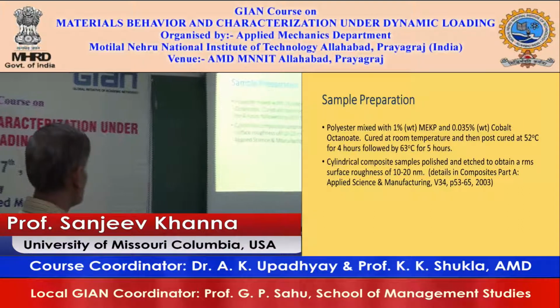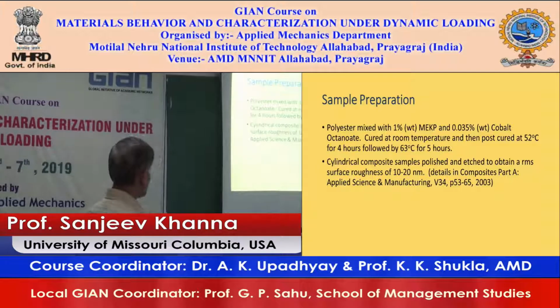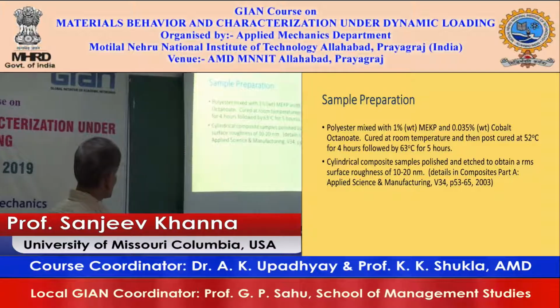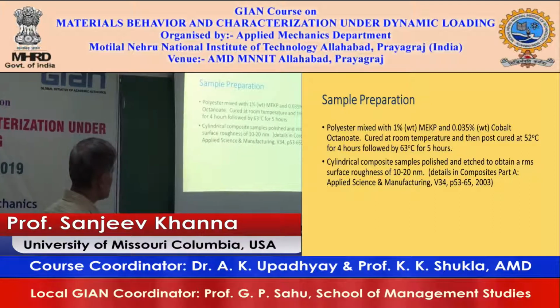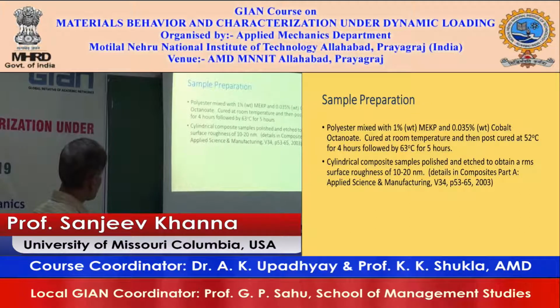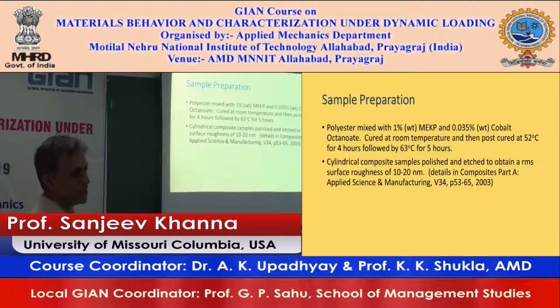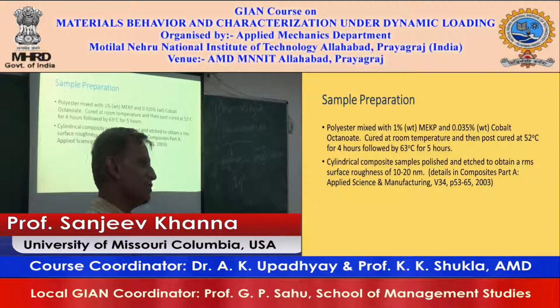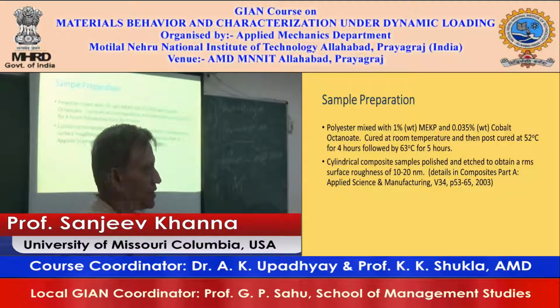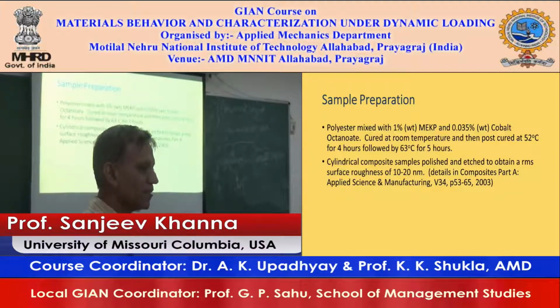Okay, that's sort of important. Then these composite samples must be polished and etched to obtain a root mean square surface roughness of 10 to 20 nanometers. So that's like a very smooth surface. 10 nanometer root mean square roughness. Okay. And it is a multi-phase thing.